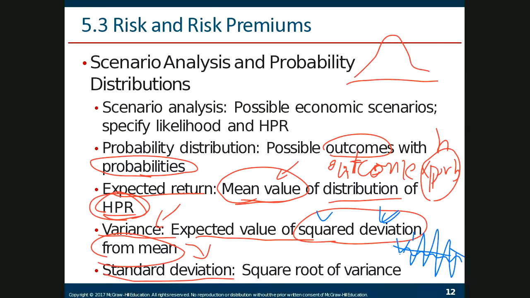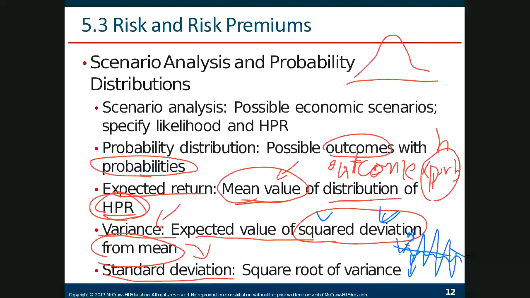If it's not squared, then you add up all these deviations. Notice that some of them are positive, some of them are negative deviations. Then what will happen? A lot of them can net to each other and be zero, right?